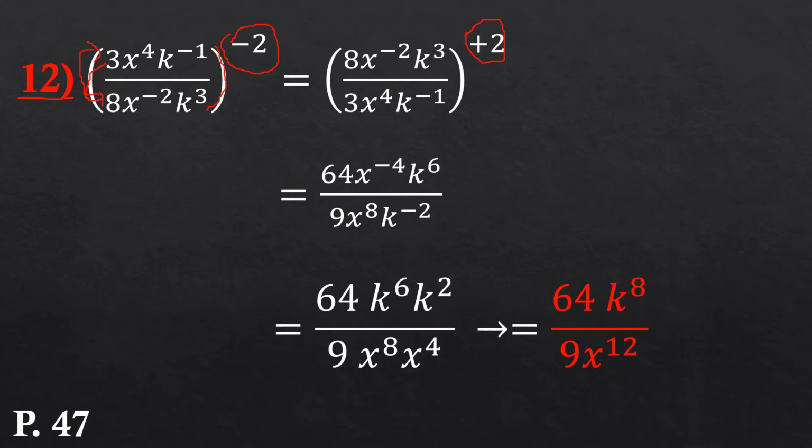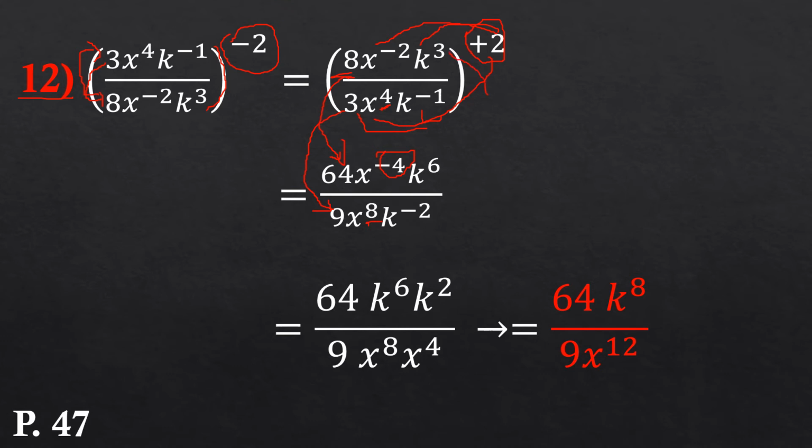Okay, so here we also give the power to all variables and numbers. So 2 times -2 will be -4. 8 times 8 equals 64. 3 times 3 equals 9. And we have x power 4 times 2 equals 8.